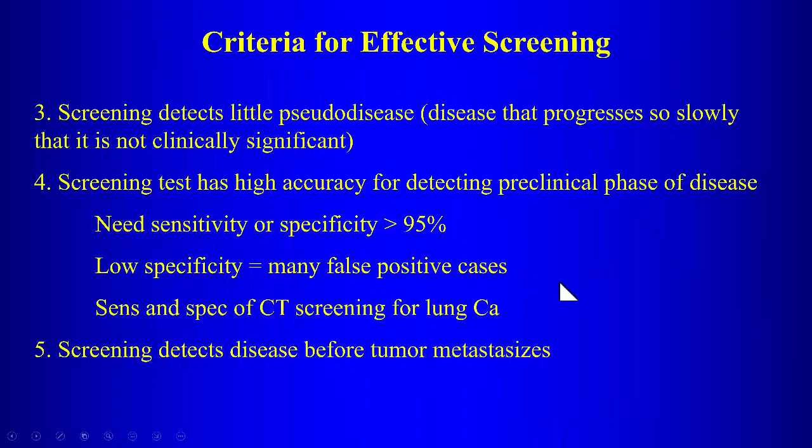And screening should detect little pseudo-disease. So what is pseudo-disease? Pseudo-disease is disease that progresses very slowly, that is not clinically significant. So the problem with screening studies is you can always detect indolent tumors that may be very slowly progressive and may not matter in terms of that patient's life expectancy.